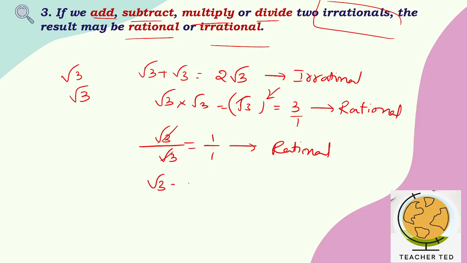If we subtract root 3 minus root 3, it is 0. 0 can be written as 0 by 1, 0 by 2 and so on, and it is a rational number. So this is how we add, subtract, multiply or divide two irrational numbers. The result may be either rational or irrational.